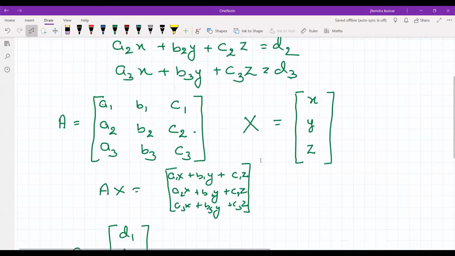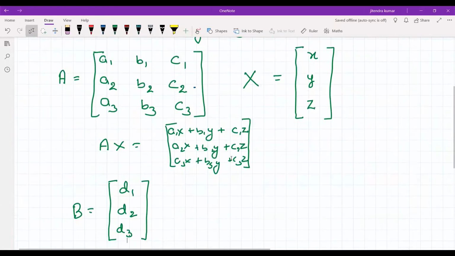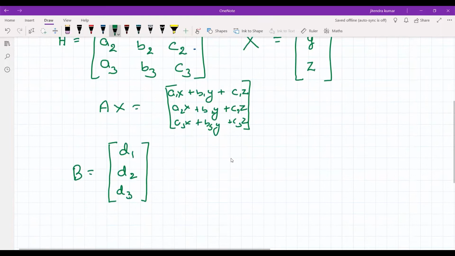Okay, so the complete linear system can be written as matrix A multiplied with matrix X, and that is equal to matrix B. So you can see, if you equate AX and B, you will get a1x plus b1y plus c1z is equal to d1, a2x plus b2y plus c2z is equal to d2, and a3x plus b3y plus c3z is equal to d3.